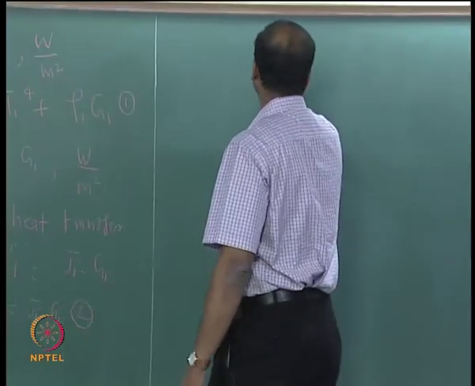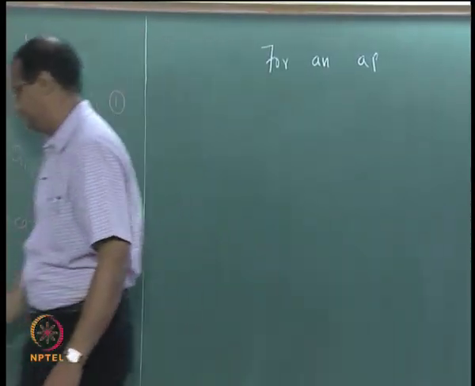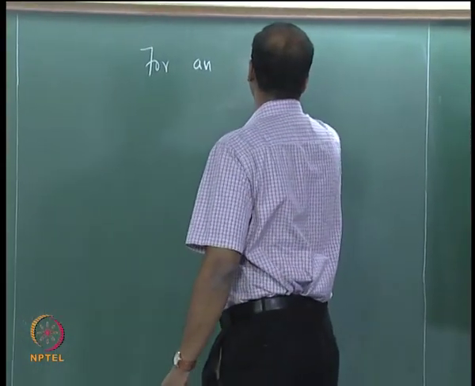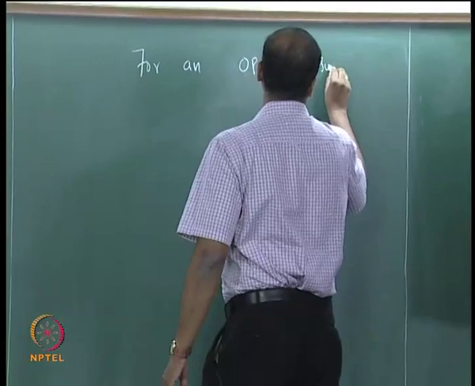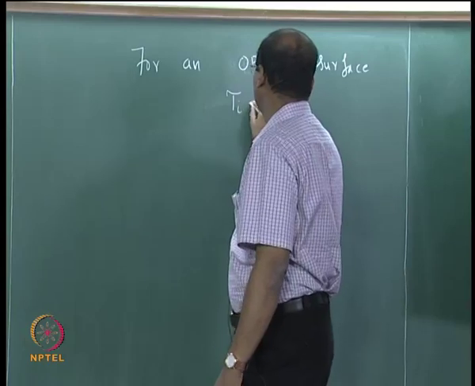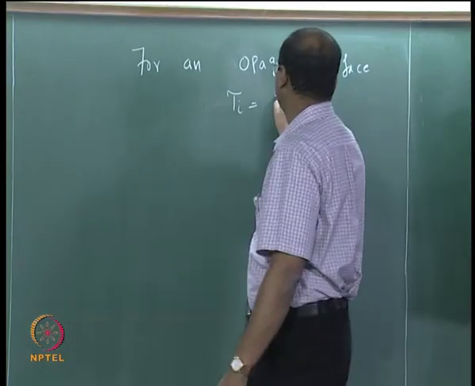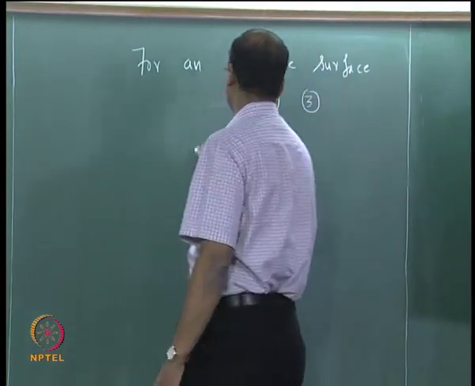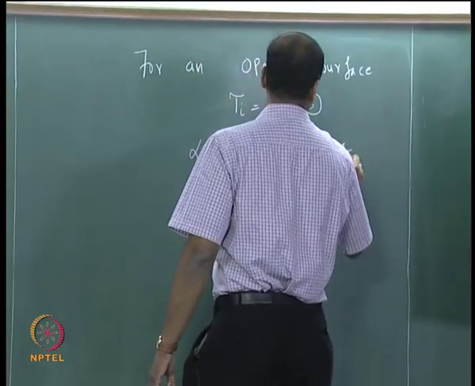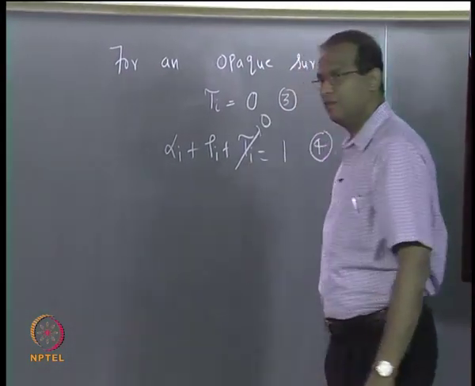Okay, for an opaque surface, tau is 0. Correct?